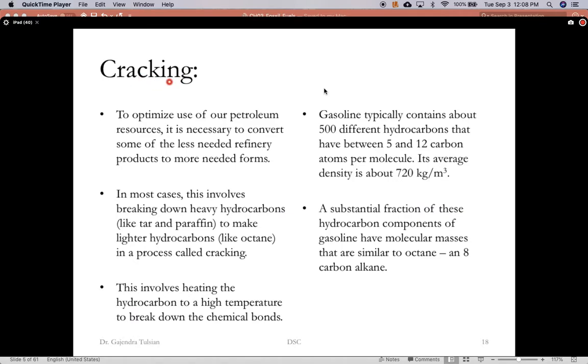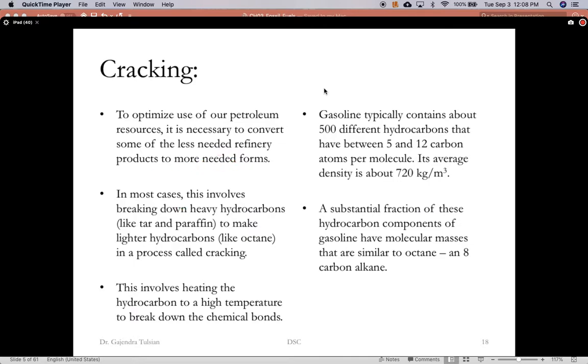Cracking is the process of breaking down larger hydrocarbon molecules into smaller hydrocarbon molecules. To optimize the use of our petroleum resources, it's necessary to convert some of the less needed refinery products into more needed forms.